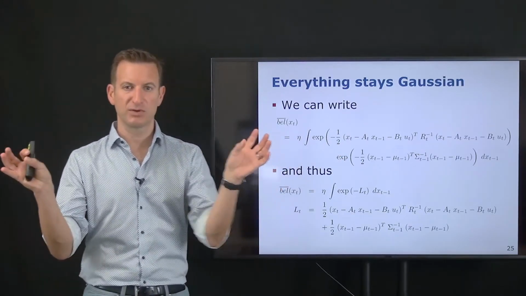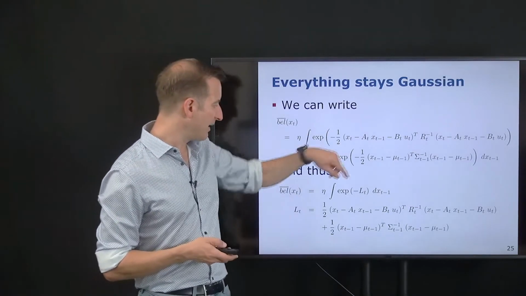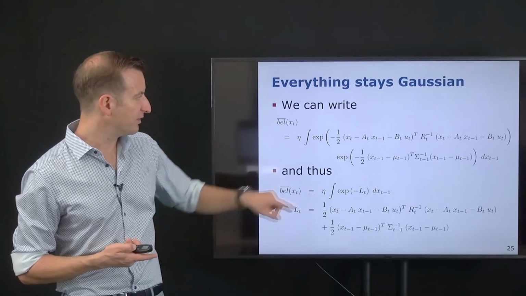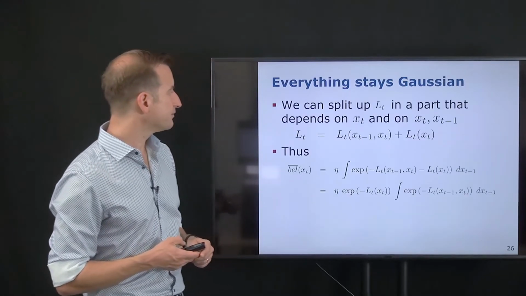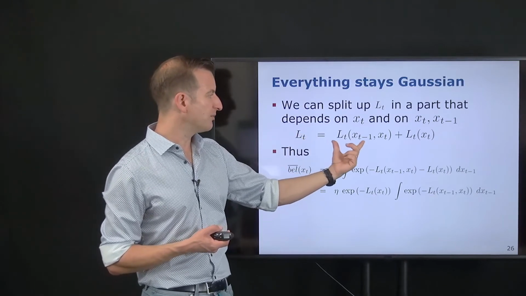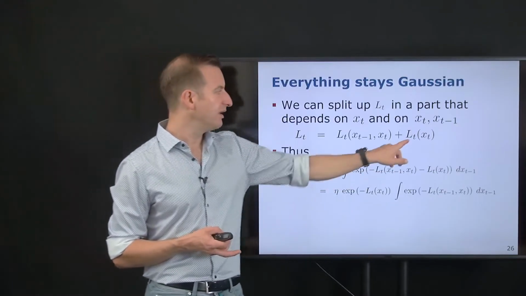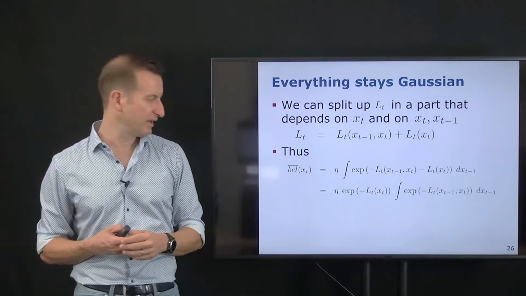So you have two exponential functions, to multiply them, you can combine them into one by just adding up the individual terms in the exponent. And then we can actually split that term Lt up into two terms. One term Lt that depends on xt minus 1 and xt, and another part which only depends on xt.